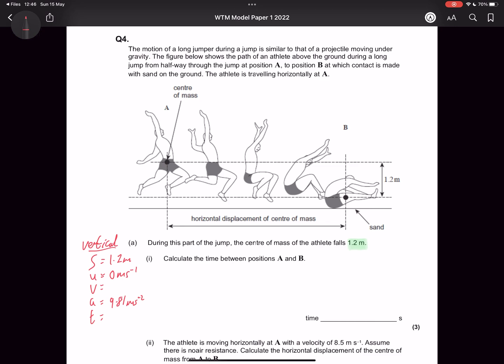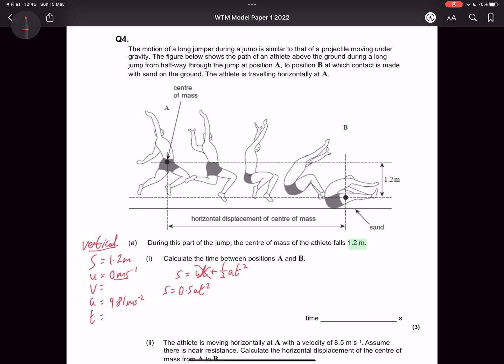So we have three values, which means we can use SUVAT equations to find either v or t. We're asked for t, so s equals ut plus a half at squared is the only option to go for. And as usual, part of it cancels out. So u being 0 means ut vanishes, leaving us with s equals a half at squared.